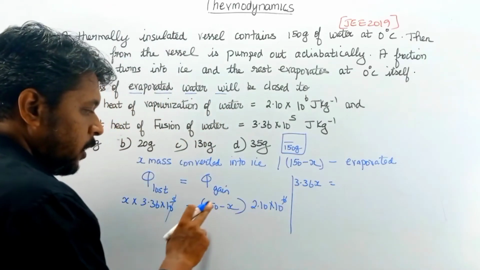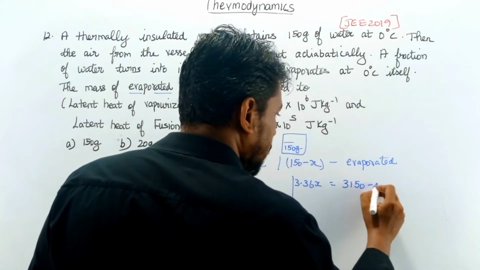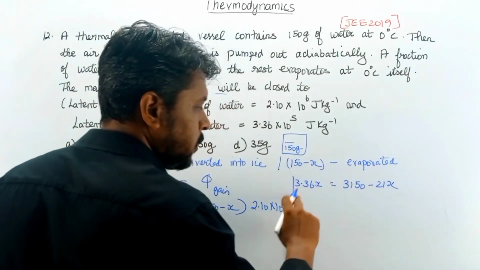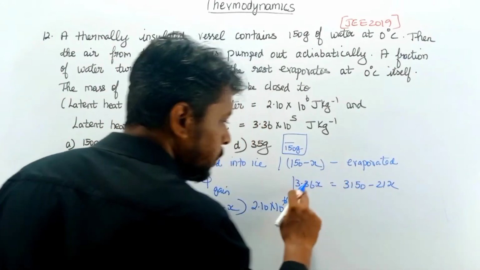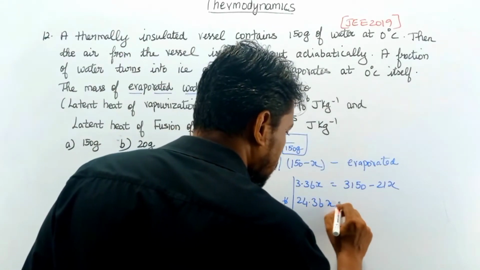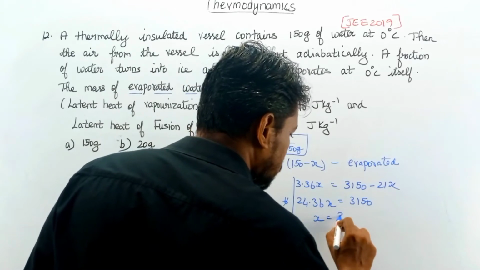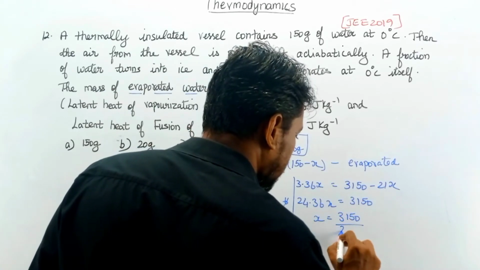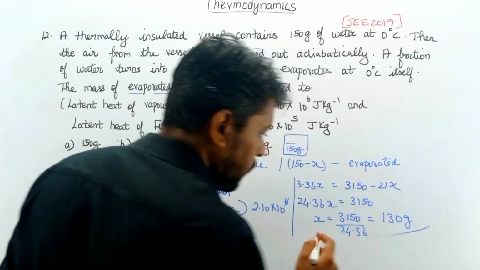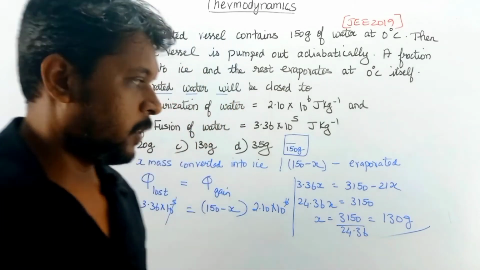Multiply 21 into 150, and we get 3150 minus 21 X. Take this 21 X to this side, so it will be 21 plus 3.36, that is nothing but 24.36 X, equal to 3150. When you do this calculation, X will be equal to 3150 by 24.36, approximately 130 gram. So approximately you will be getting 130 gram for this particular answer. Okay.